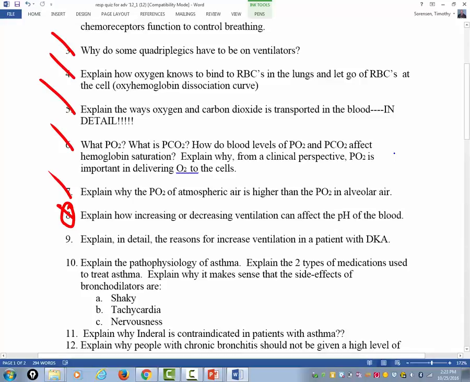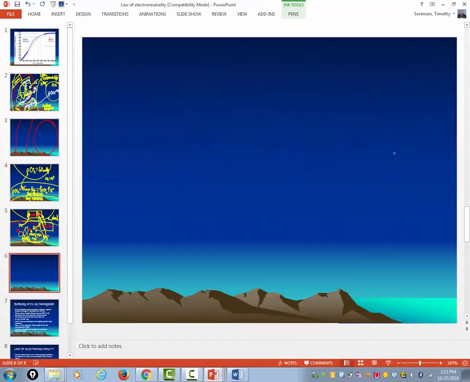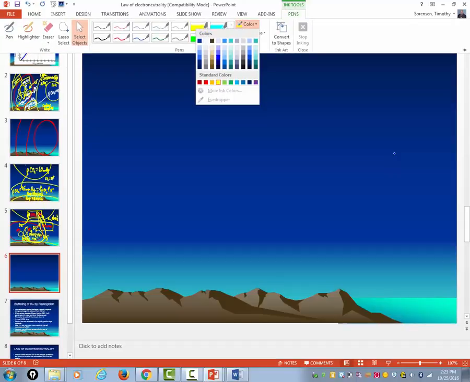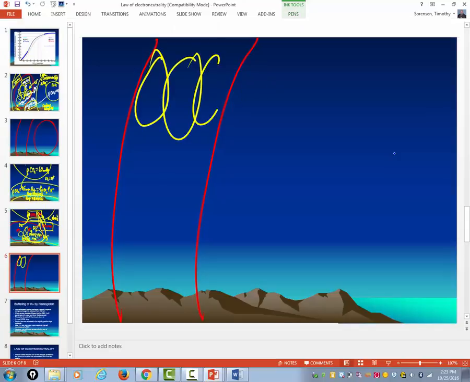Okay. Now, since we're on this, again, I try to go over something and then give you a clinical example of why it's important to know this. So, in DKA, your blood sugar is very high.